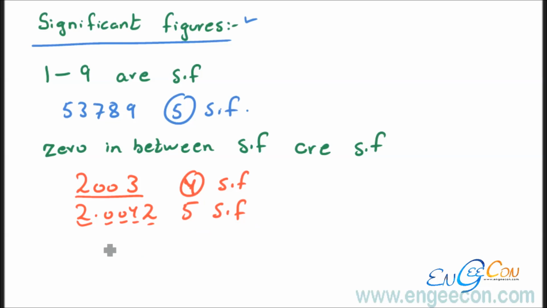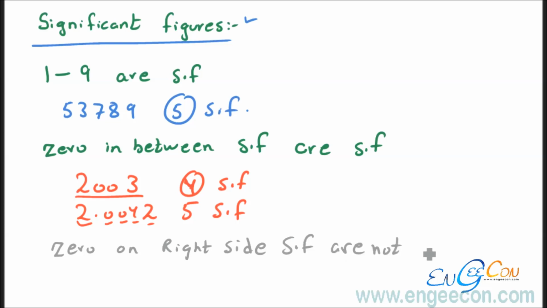Similarly, 0 on the right side of a significant figure are not significant.